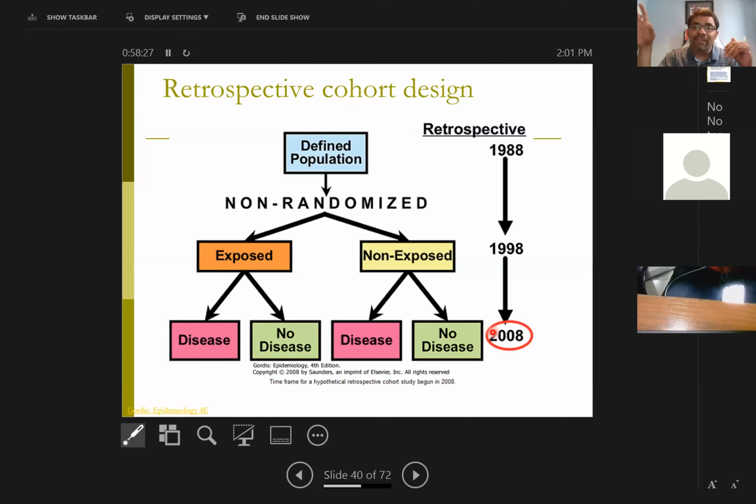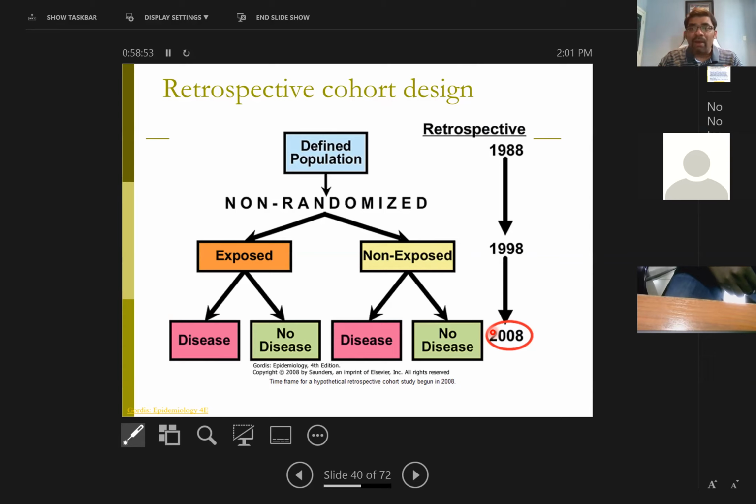We already have it documented. So for example, you could go to the gold mines in South Africa, right? Let's say the gold mine employers have documented smoking, asbestos, amount of time spent in the mines, other risk factors, alcohol, whatever, in their occupational records.